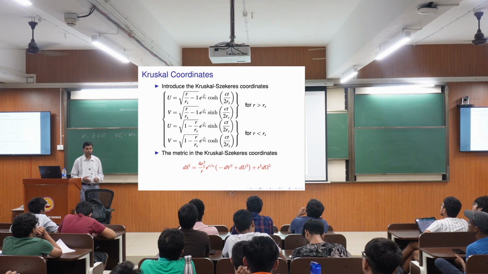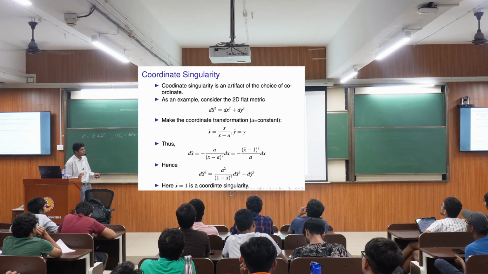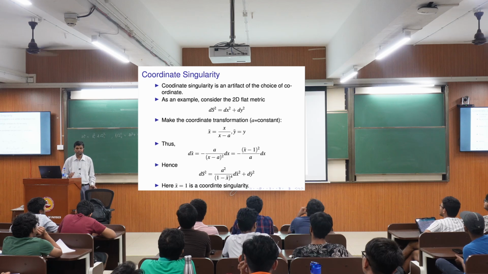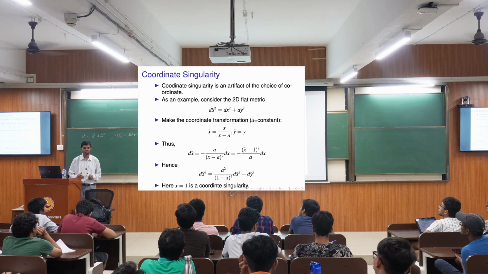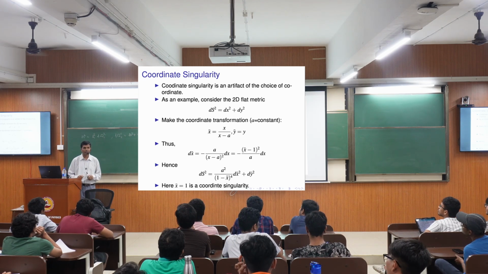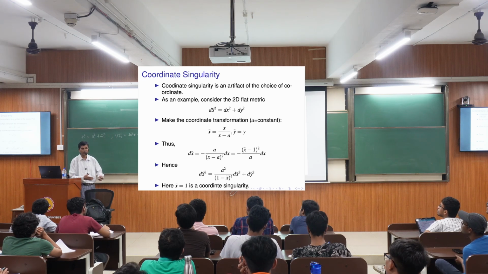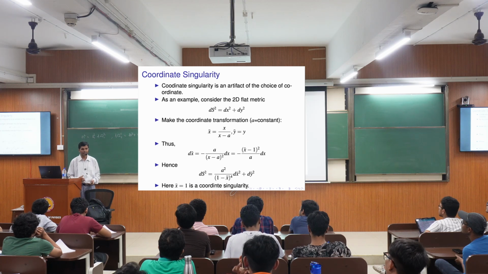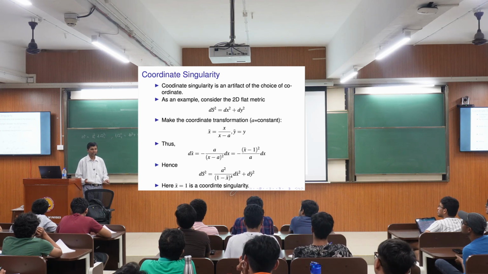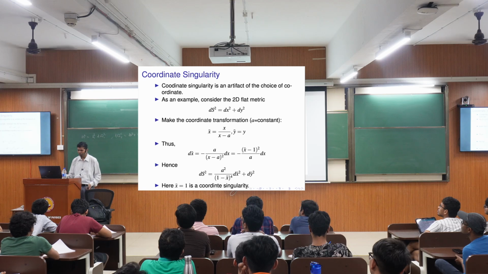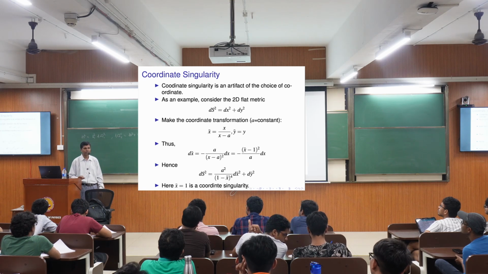In fact, even if you go to this metric in two-dimensional space, you can write it in polar coordinates, dr square plus r square d theta square. Then at r equal to 0, the theta component of the metric becomes 0. So again, r equal to 0 is a singularity, but there is nothing special about the origin.